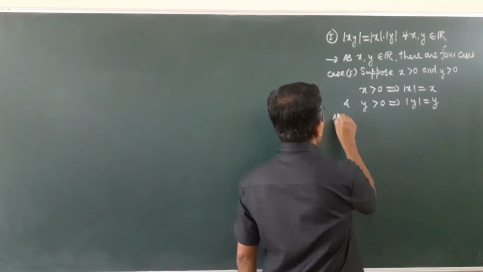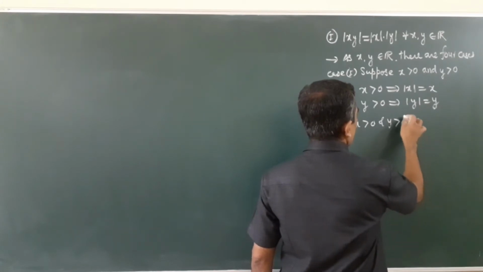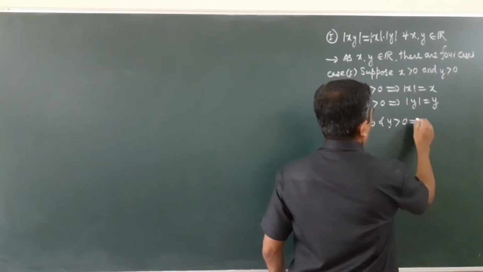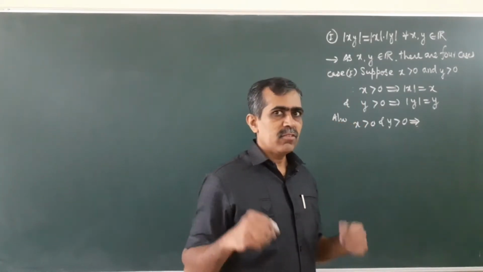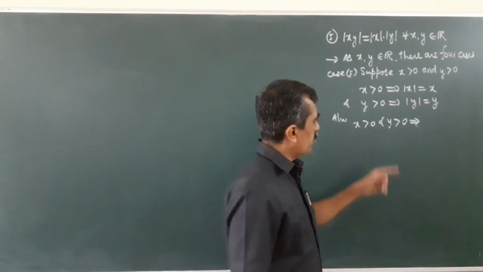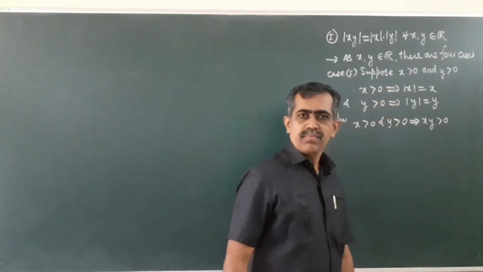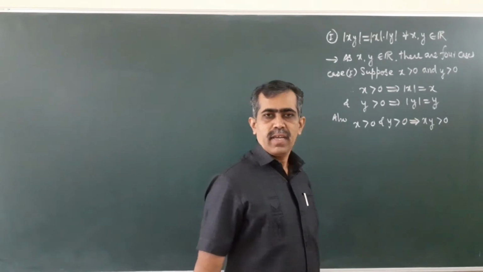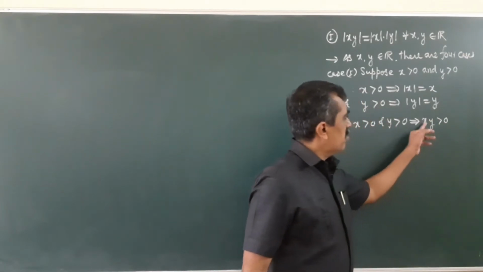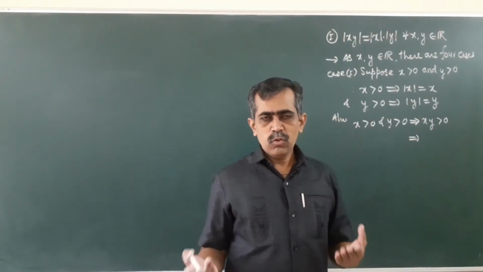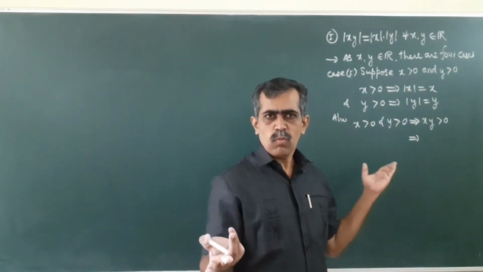Now, also x greater than 0 and y greater than 0 implies x belongs to R plus, y belongs to R plus, and R plus is closed with respect to multiplication. So, the product of these two, x into y, is greater than 0. For example, this is 3, this is 5, 3 into 5 is 15, a new real number. It is greater than 0, therefore its mod is itself.